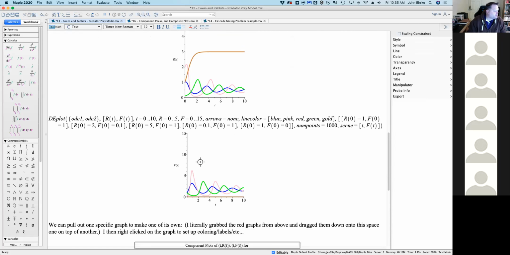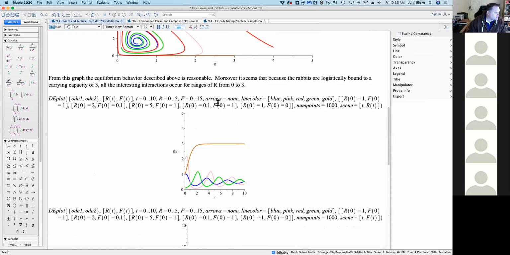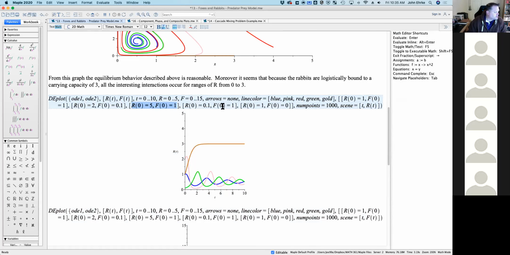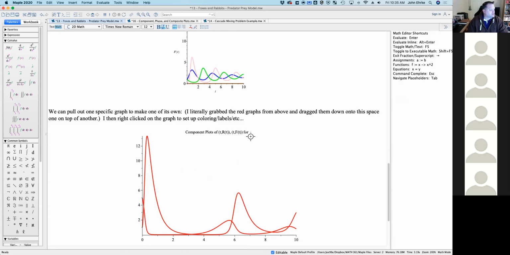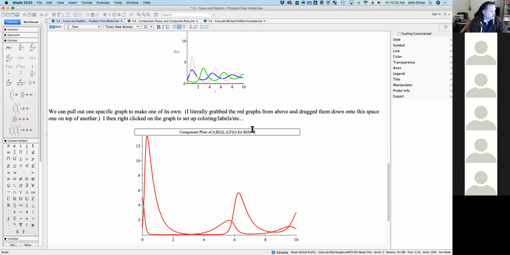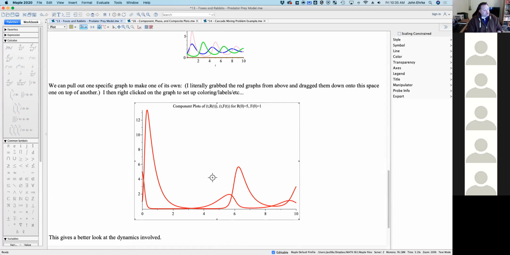The red one that we pulled out is starting at 5. So this is the 5, 1 initial point. That's the initial point that was used. So for R of 0 equal 5, F of 0 equal 1. So there's my title.